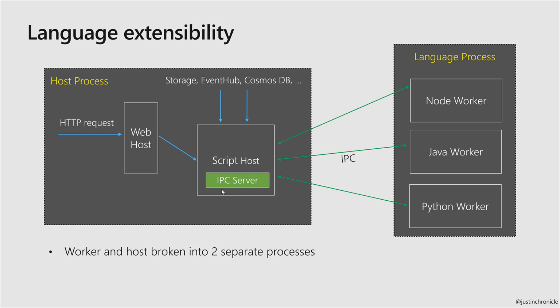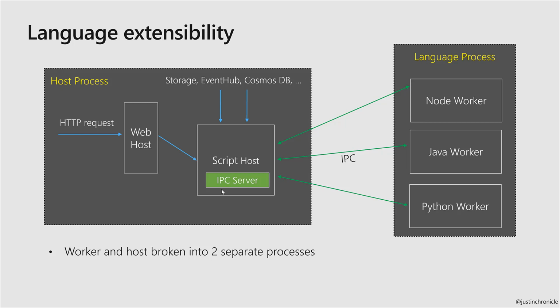But in version 2, they internally separated the language process runtime from the host process runtime. The host process runtime is basically the Azure Functions runtime. It takes care of all the inputs. Through the web host, it takes an HTTP request, which is handled separately, and the script host runtime can handle all the other types of inputs.